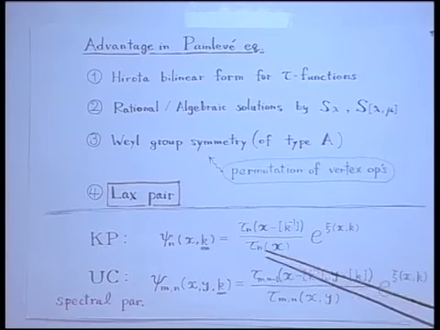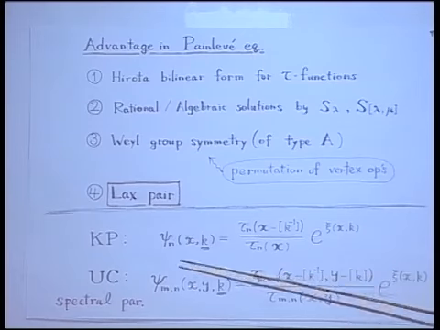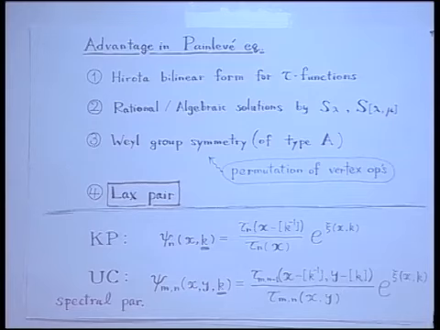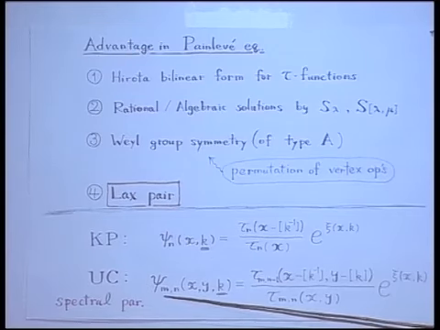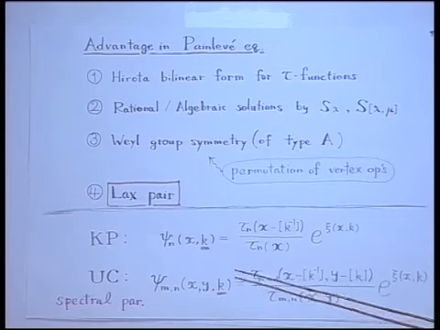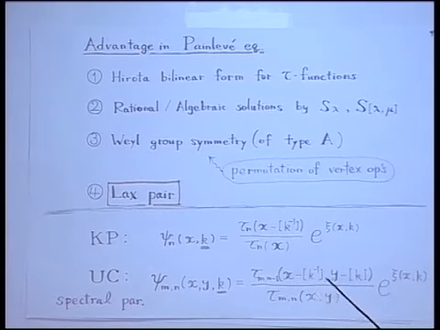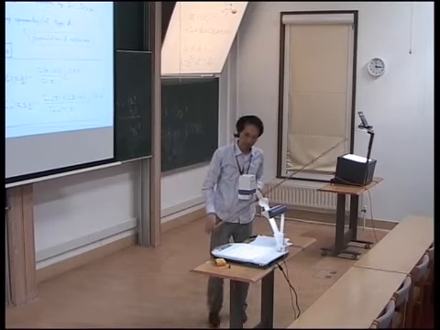So this is the usual wave function of KP hierarchy, and we can deduce all the associated linear equations of KP hierarchy from the bilinear identity. On the other hand, for the UC case, we can define the wave function psi of mn of x, y, k as well. So we can automatically obtain the Lax pair for Pan equation from the bilinear identities.